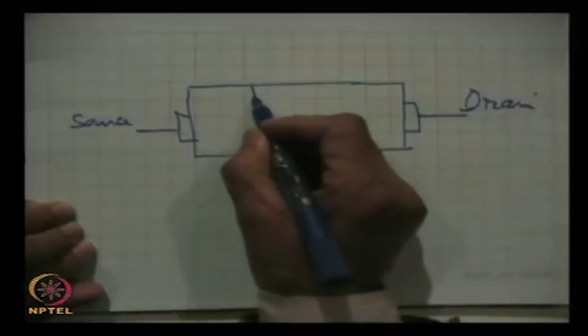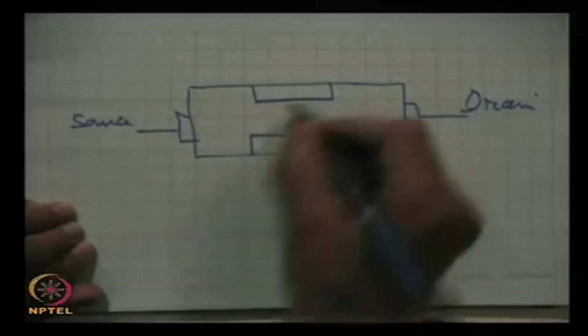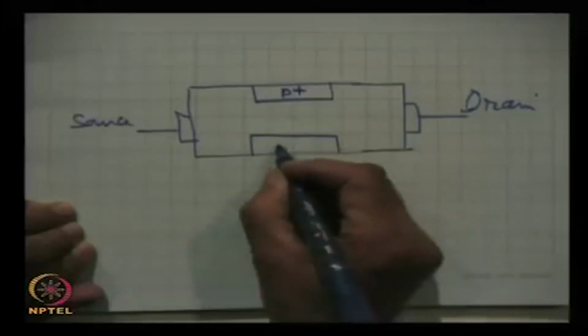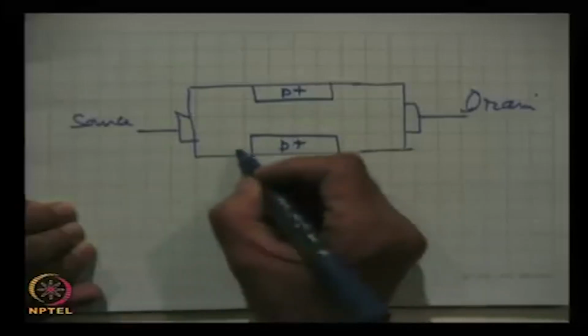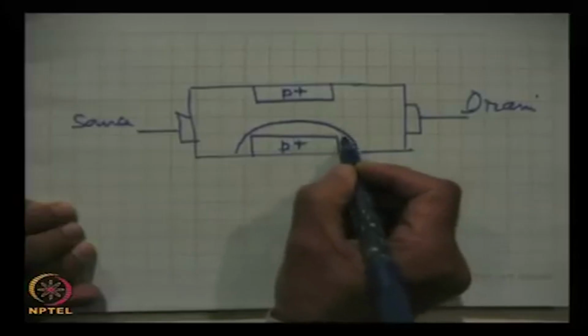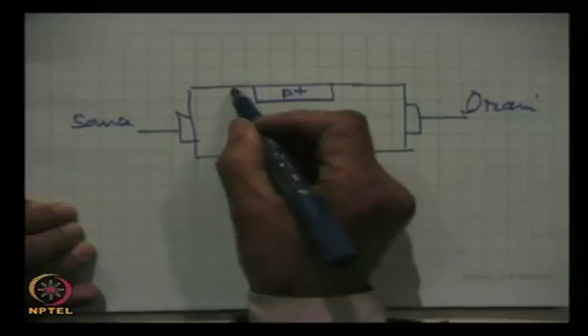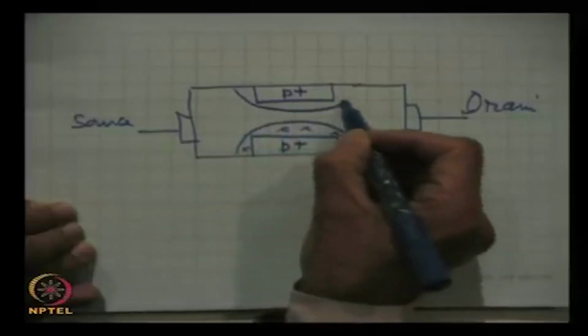These are the p type regions, p plus and p plus, and here is the depletion region. Similarly, a depletion region will be formed here.